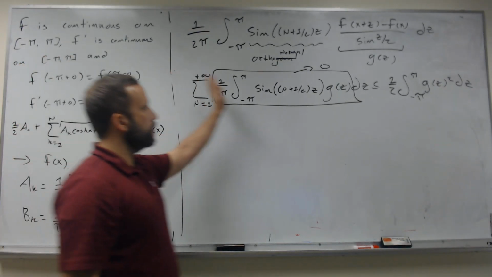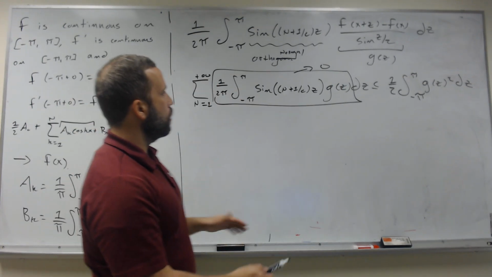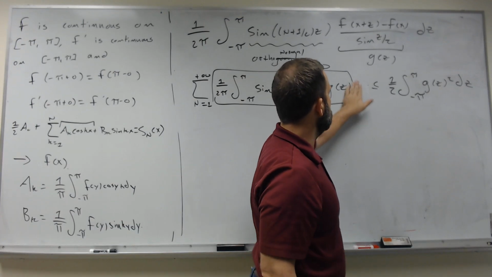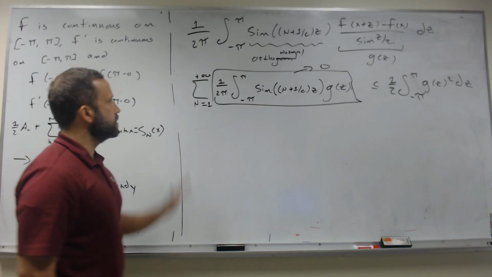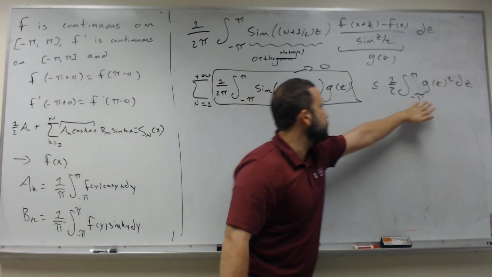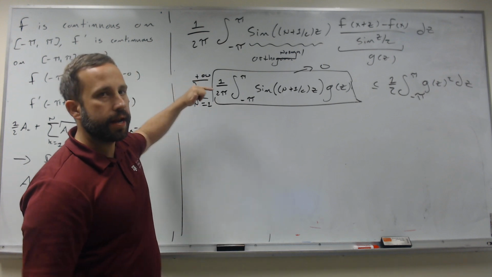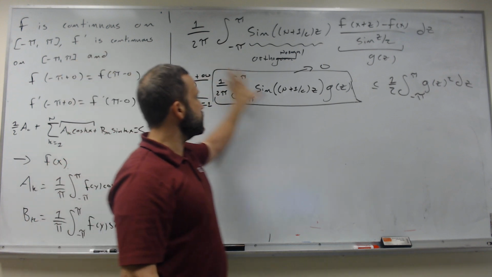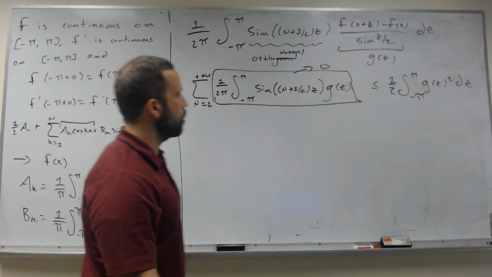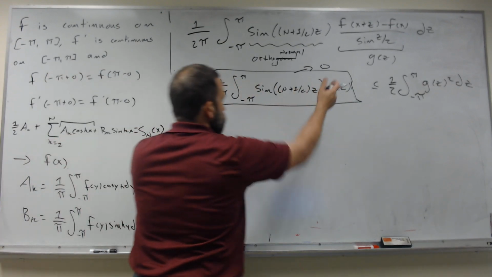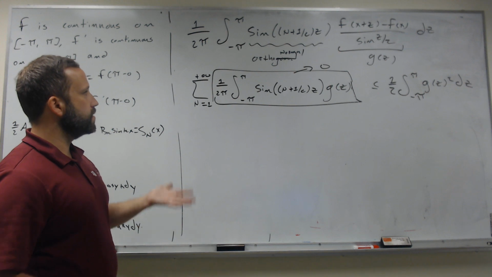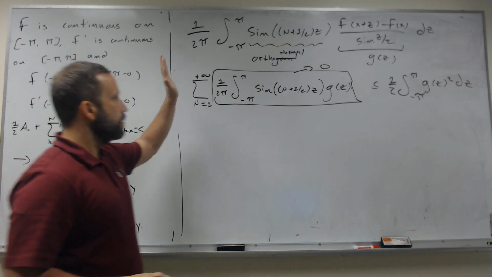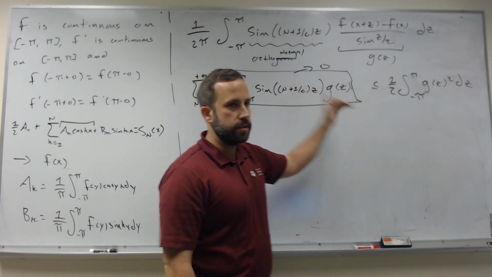If this sum is finite, then by the test for divergence, each individual term goes to 0 as n goes to infinity.